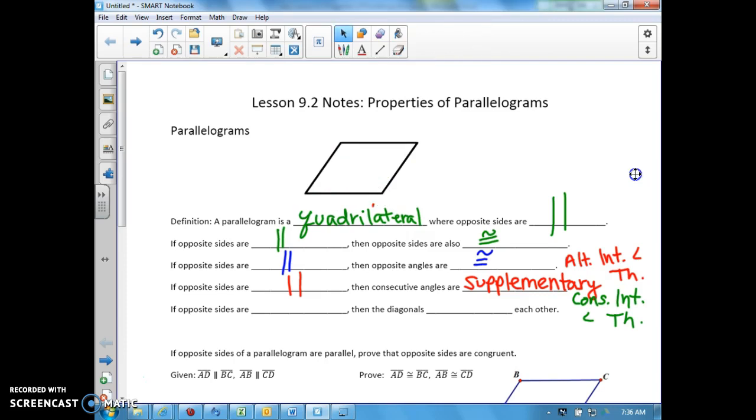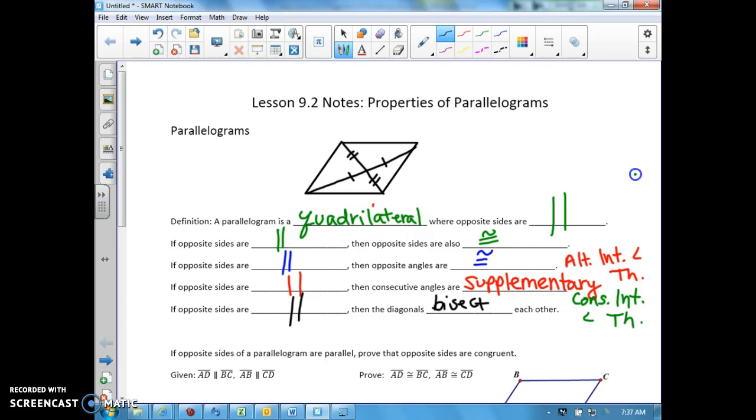If my opposite sides are parallel, then my diagonals bisect each other. So let's take a look. That means that those two pieces would be congruent, and those two pieces would be congruent.